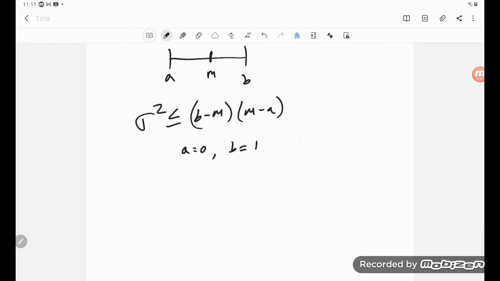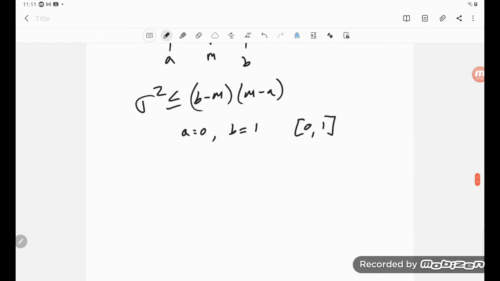if we let a equal 0 and b equal 1, so we're on the interval 0, 1, then if you do your sigma squared, that's the expected value of x squared minus the expected value of x, quantity squared.